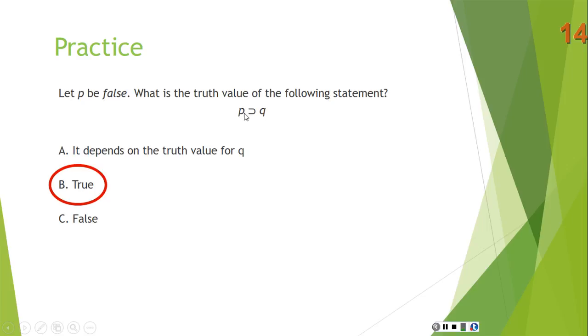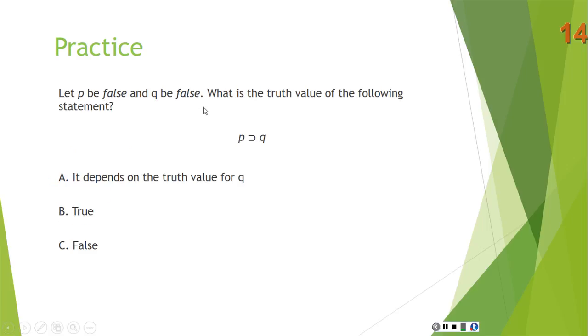When P is false and Q is true, the whole thing comes out true. When P is false and Q is false, the whole thing comes out true. Okay, let's do another. Let P be false and Q be false. What is the truth value of this statement? The whole thing comes out true.